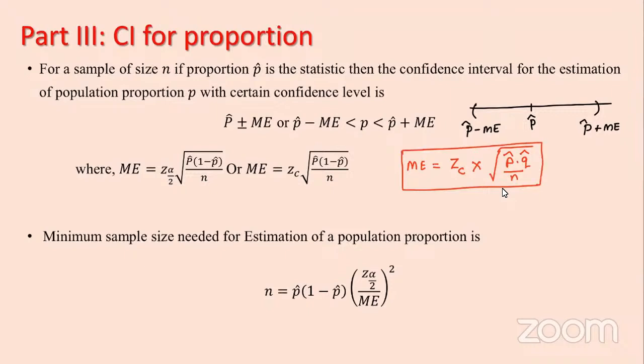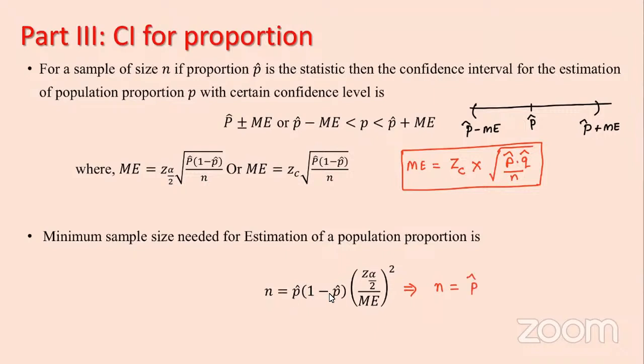And similarly, just like in the first part of our confidence interval, we also learn how to find the sample size. If I want to estimate the sample size, how do we estimate? Here is the formula for that. I can also rewrite this formula by a little bit of simplification. So N is equal to, as you can see here, we have a P hat. I can write P hat as it is.